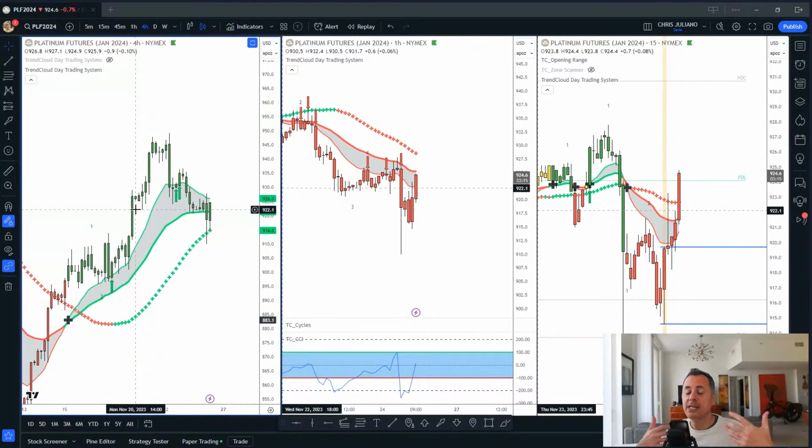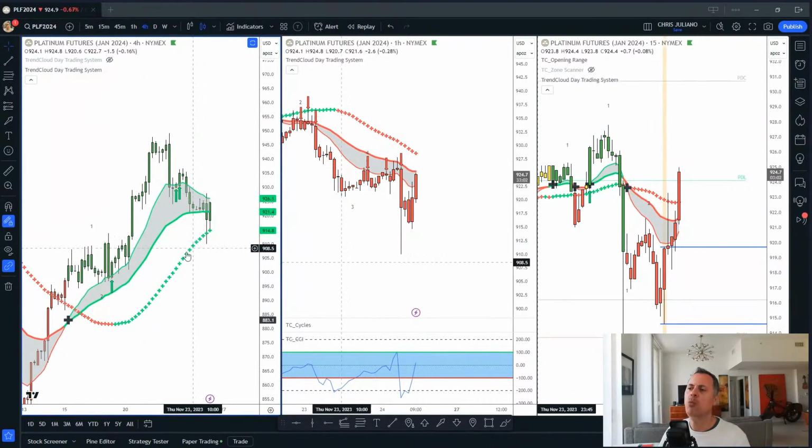Okay. We use it as a component, right? Price action is a component of trend, but it is not an end all be all solution.